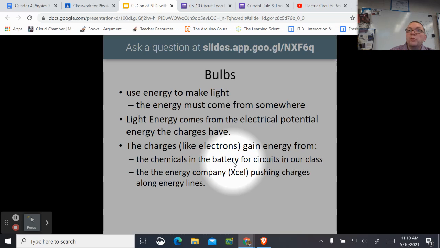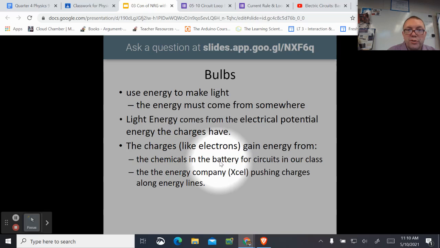So if we're using batteries and charging your phone, and we're talking about the energy that your screen has on your phone, that light comes from energy from the charges moving, and those charges get their electric potential from the chemicals in the battery that you charged.